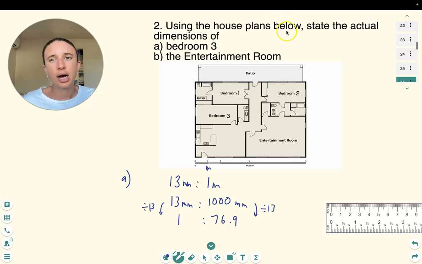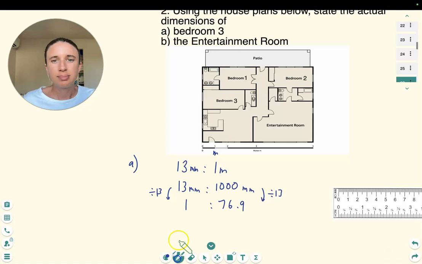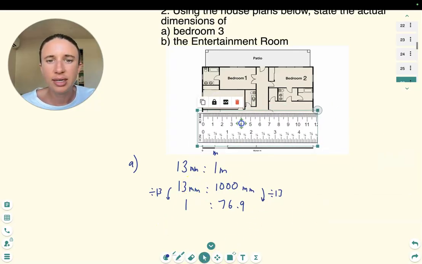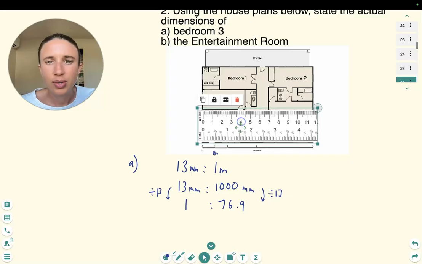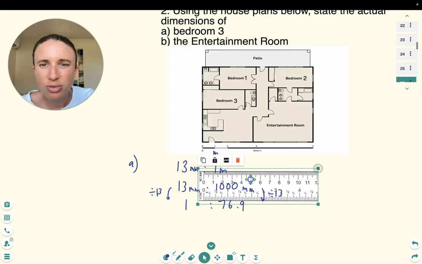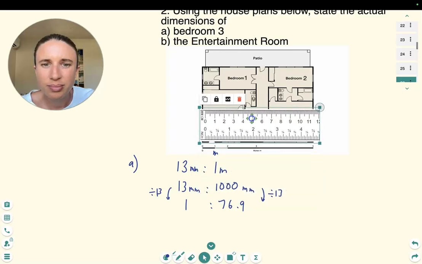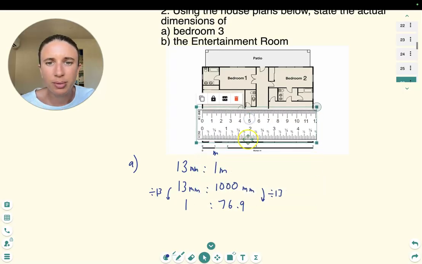And it says, state the actual dimensions of bedroom 3. Dimensions just mean the length and width of bedroom 3. Okay, so what do we have as bedroom 3? Well, what is our scaled distance? Is bedroom 3 including that bathroom? No, we're not going to include the bathroom, okay?